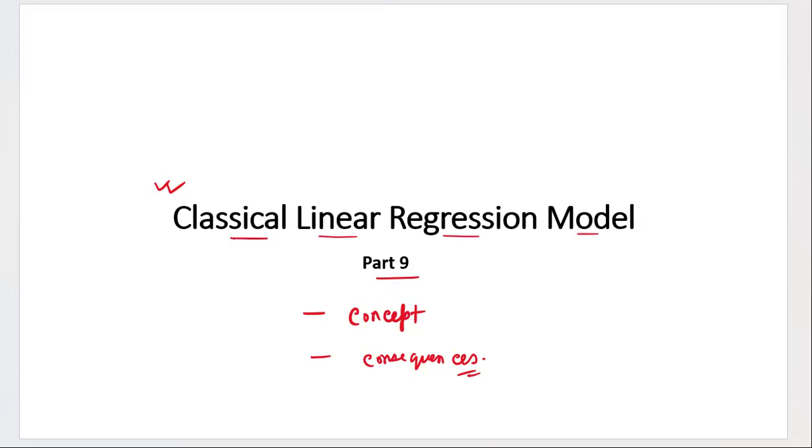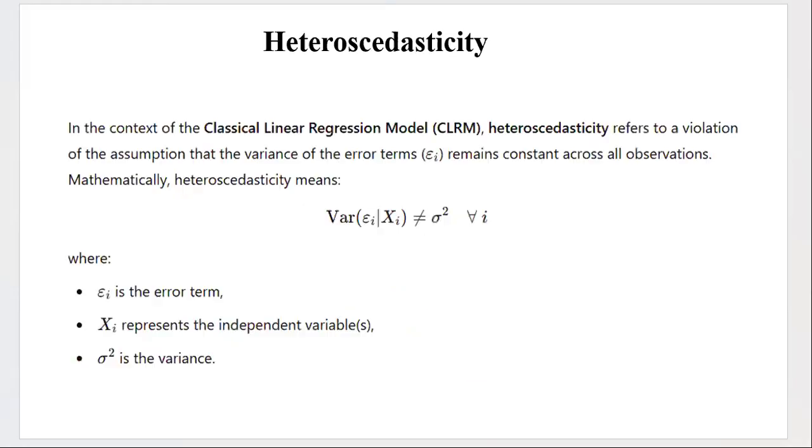That I'll explain in detail. And in the next video, part 2 of heteroscedasticity, I'll go into the detection methods, and also the tests and remedial measures that you can use in order to avoid this problem, right? So this is the agenda of today's video.